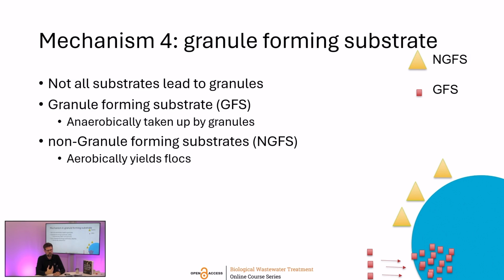If you don't have that level of easily biodegradable COD, then granules won't grow, because there's much more growth of flocs. Components like starch will lead more to flocculent growth, and then the balance between flocculent growth and granular growth will be off, and then it will be extremely difficult to grow granules. So it's really helpful to have a lot of granule forming substrate, and at some point you don't grow granules anymore. Then the balance is off.